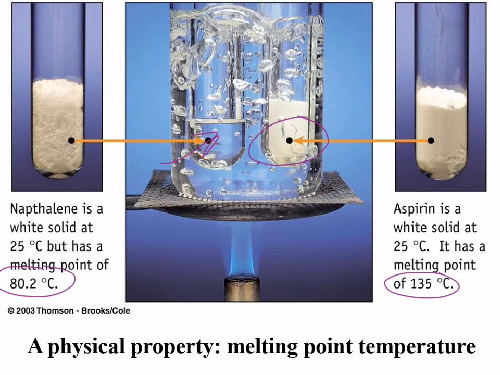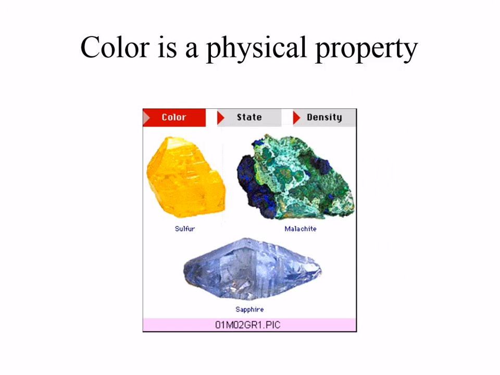Okay, so just a quick and dirty test. But the point here is we could cool that, take those test tubes out and cool them back down, and you're just going to have naphthalene back again. It has the same chemical structure as it's melted as it does when it's solid. All right, so color is a physical property.